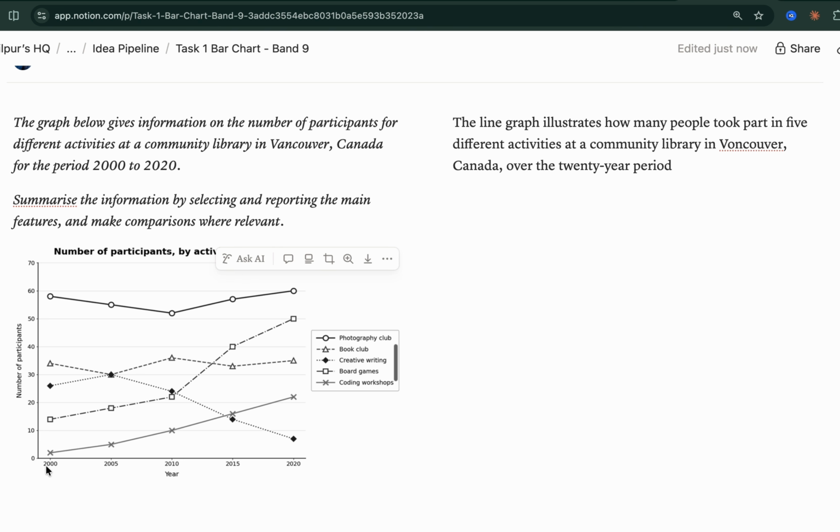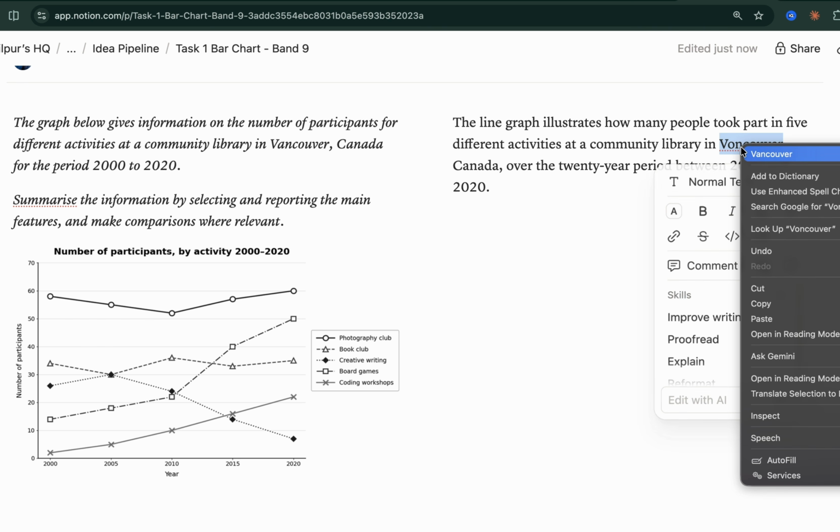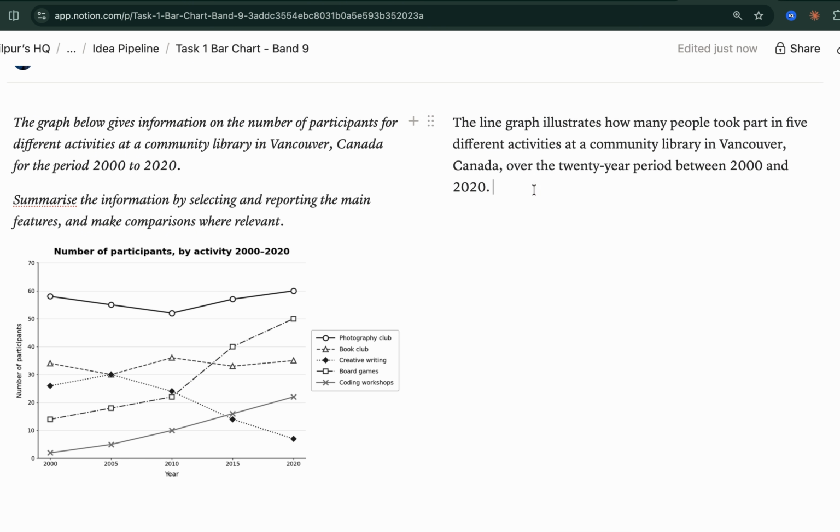Yes, that's 20 years, between 2000 and 2020. Sorry for the typo, I immediately corrected it. So here is my introduction.